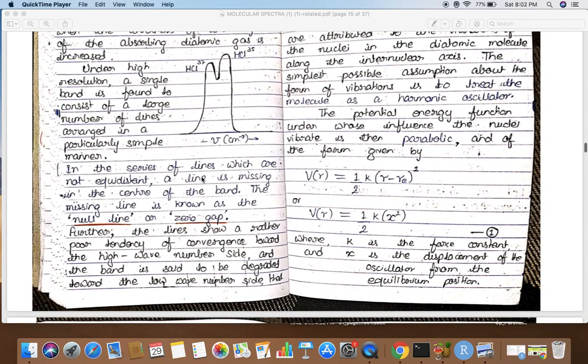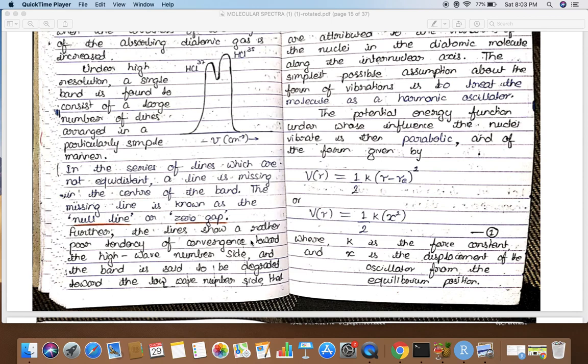And in the series of lines, which are not equidistant, a line is missing in the center of the band. The missing line is known as the null line or the zero gap.